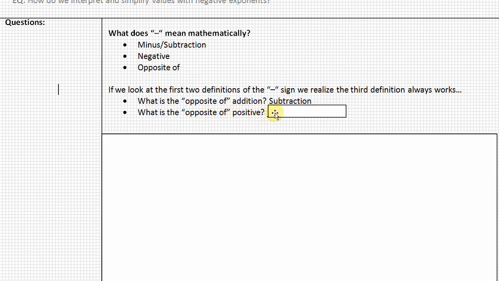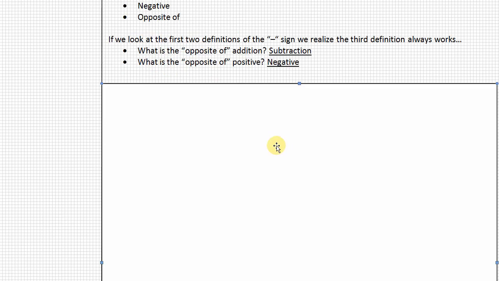And if we say the opposite of positive is negative, which would be true, then we get our second. So opposite of really is the umbrella definition for that sign. We're going to use this idea of this dash meaning opposite of as we explore algebra concepts this year, and today as we explore negative exponents.